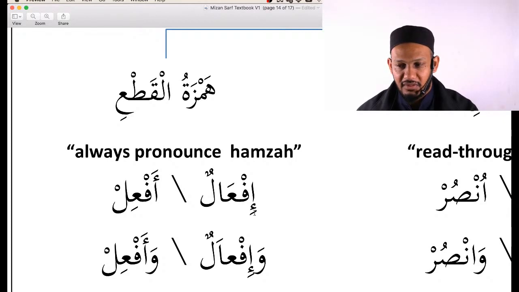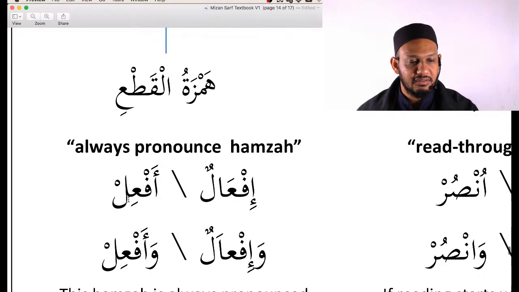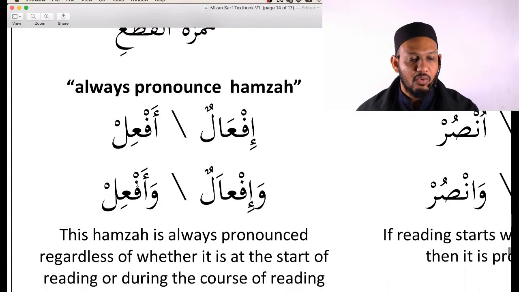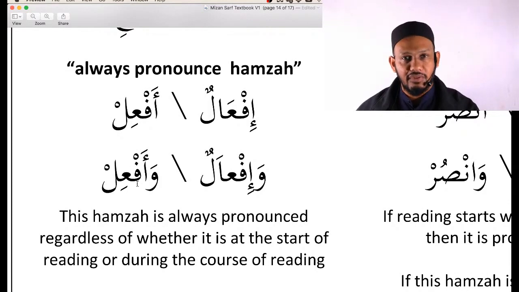You with me? So if you start if'alun and af'il, when you have something before the hamza, for example, wa, it becomes what? Read this for me here. Wa if'alun.